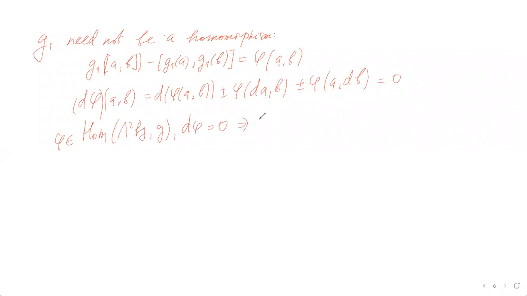Hence, it induces a map in homology, sorry. So homology of lambda 2 of H into homology of G. Right.